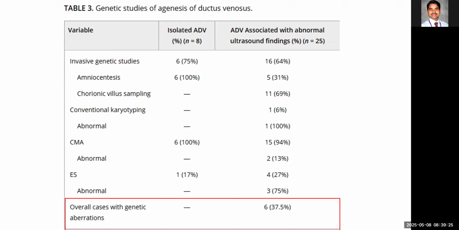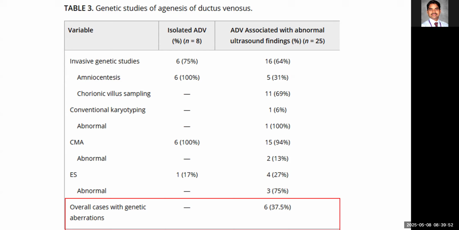Coming to genetic studies of agenesis of DV, out of 33 cases, 22 cases underwent genetic testing. In the isolated category, out of 8 cases, 6 cases underwent prenatal invasive testing, of which CMA was done in all the 6 cases, and it returned normal in all 6 cases. 1 case underwent additional testing, exome sequencing, that also returned normal.